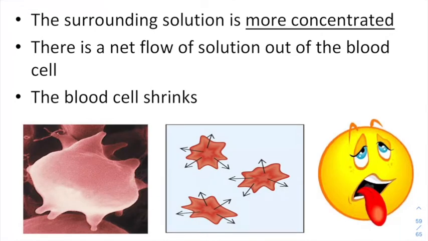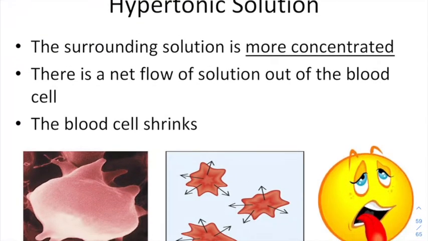So here, we're talking about our hypertonic solution, and the outside solution, the surrounding solution, is more concentrated. So this time it is the cell that has to donate its solvent to the outside. So this is what's happening when you are dehydrated.